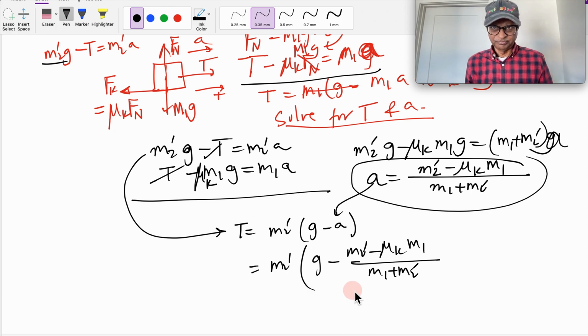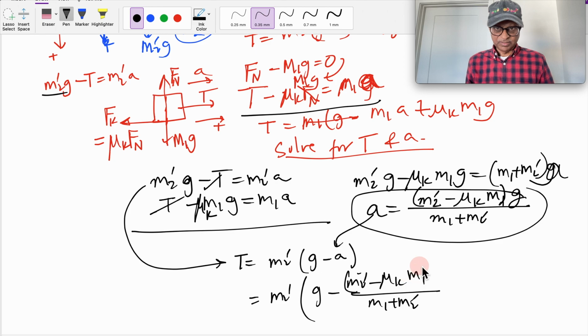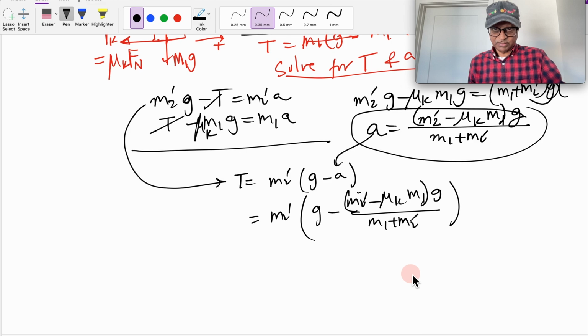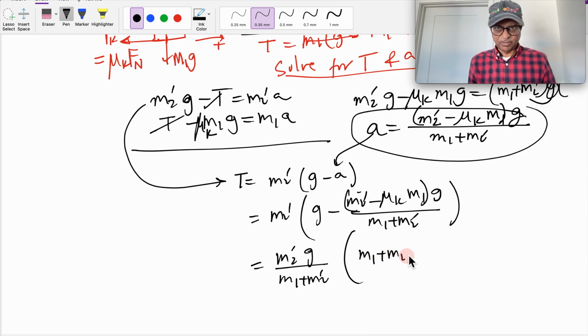So there's a g somewhere missing, the g missing at the top. So this is the g. Of course, you bring it up here, you can simplify a little bit. So M2 prime g over M1 plus M2 prime, and you get M1 plus M2 prime minus M2 prime plus mu k M1.